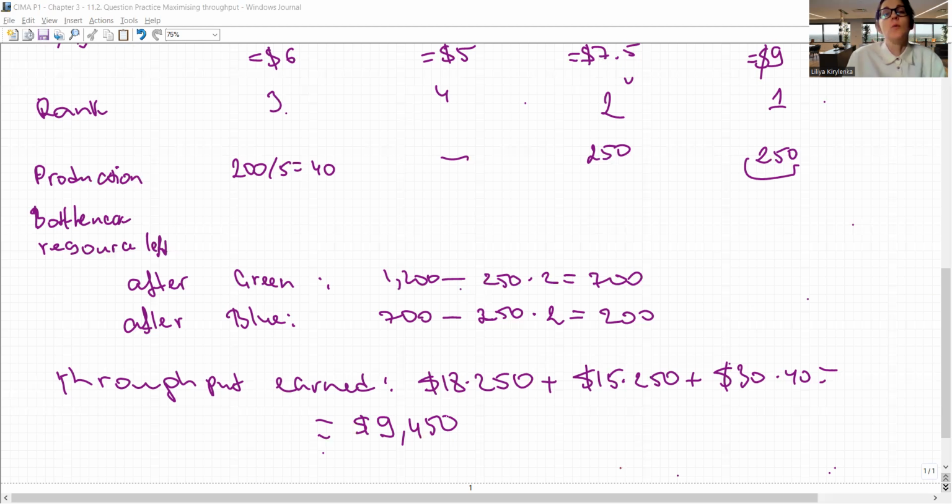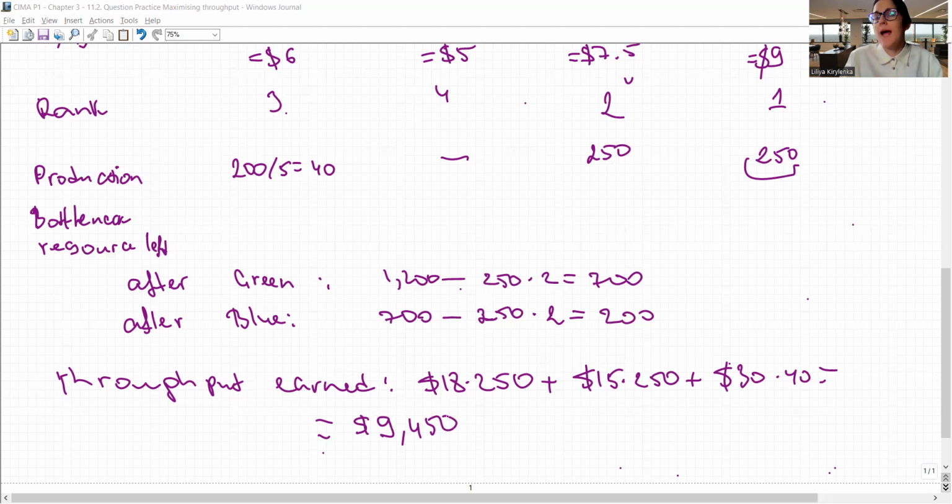And then we will try to make some effort to stretch this bottleneck resource, so to have more hours than we currently have on this machinery. And when we do that, it may well be that a new resource will become the bottleneck.